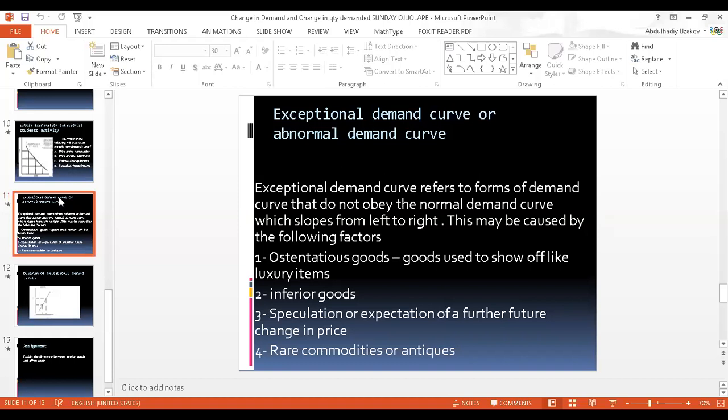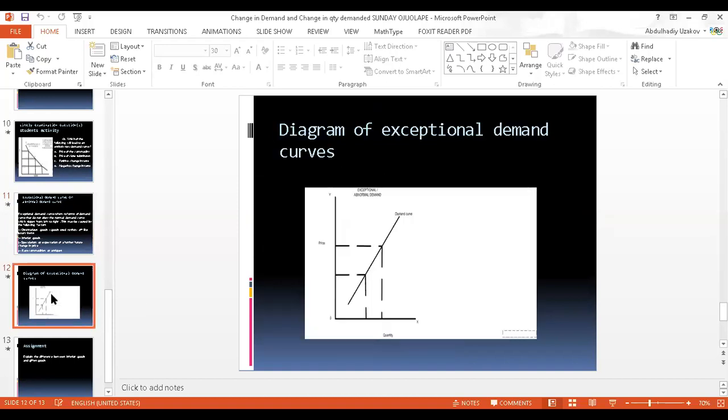But in this case, we have something that is different. This is just an example; we may have it in several ways. We have this demand curve sloping from right to left. It is an abnormal demand curve. It means that in this case, the higher the price, the higher the quantity demanded.